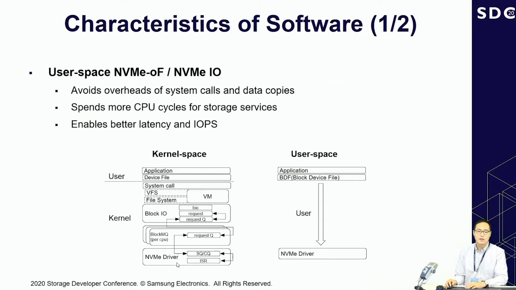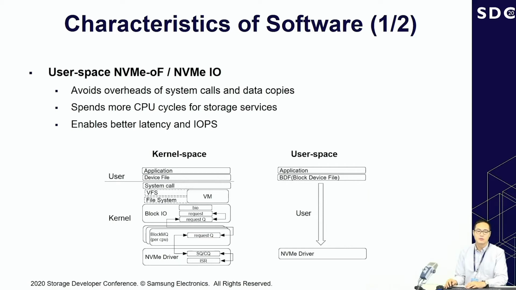I'd like to share two characteristics of our software solution. These characteristics are closely related to our design decisions. The first characteristic is that our software solution adopts user space NVMe Fabric and NVMe I/O mentioned in the previous slide.